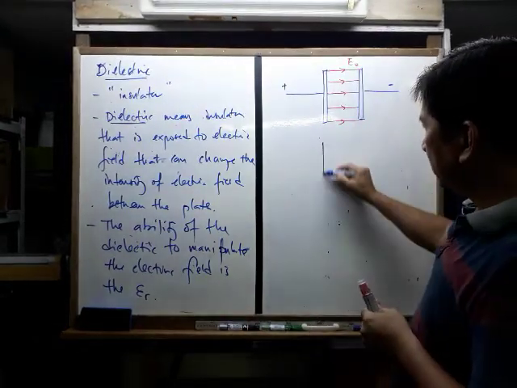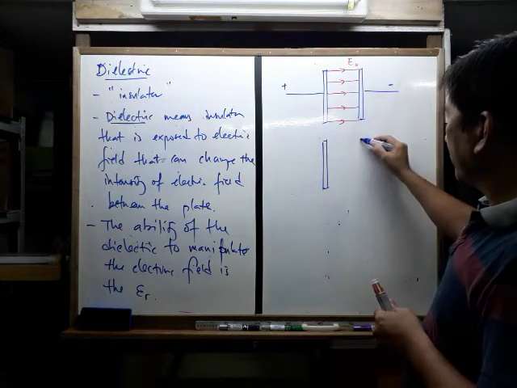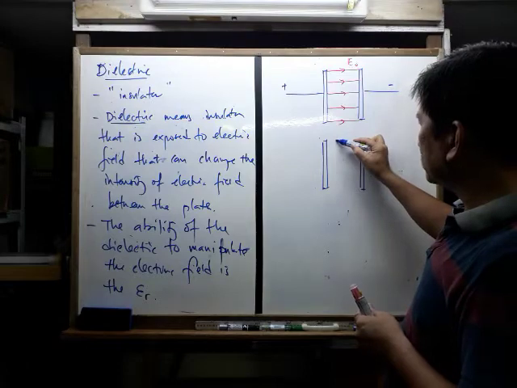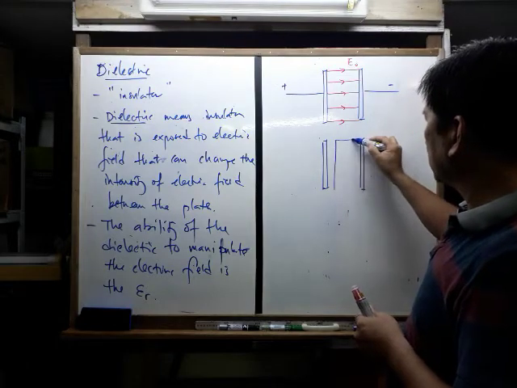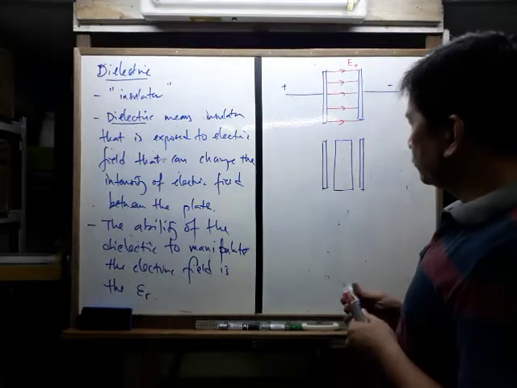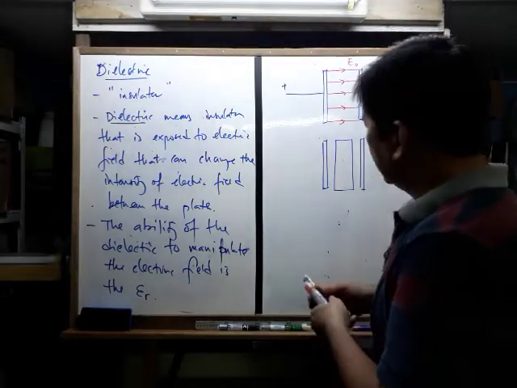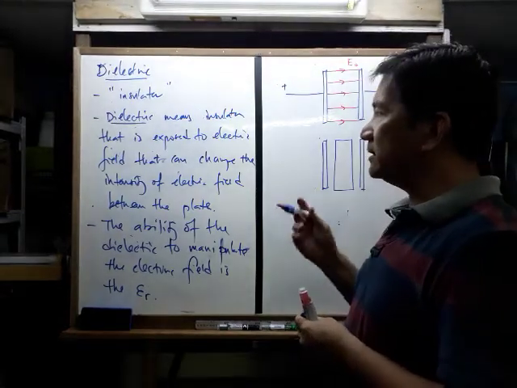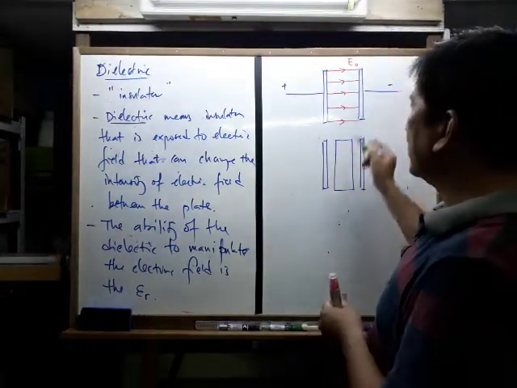Now the second diagram is this. You insert a piece of dielectric. What happens here is this insulator has macromolecules that can easily be manipulated by the external electric field.